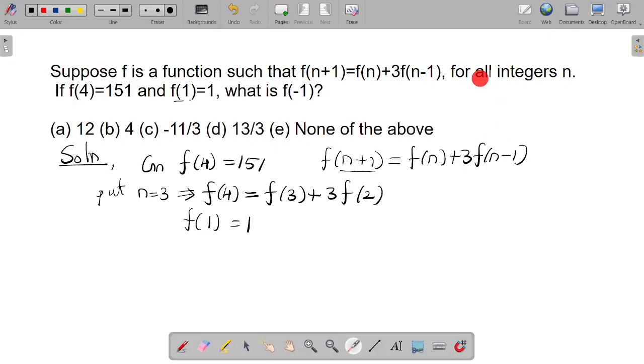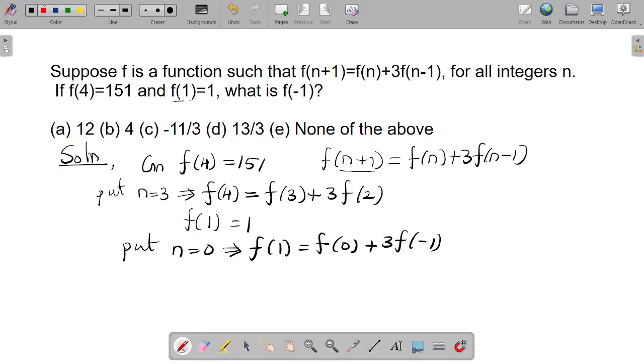Because n is for all integers, we can replace n = 0 and find f(1). When we replace n = 0, f(1) = f(0) + 3 times f(-1).